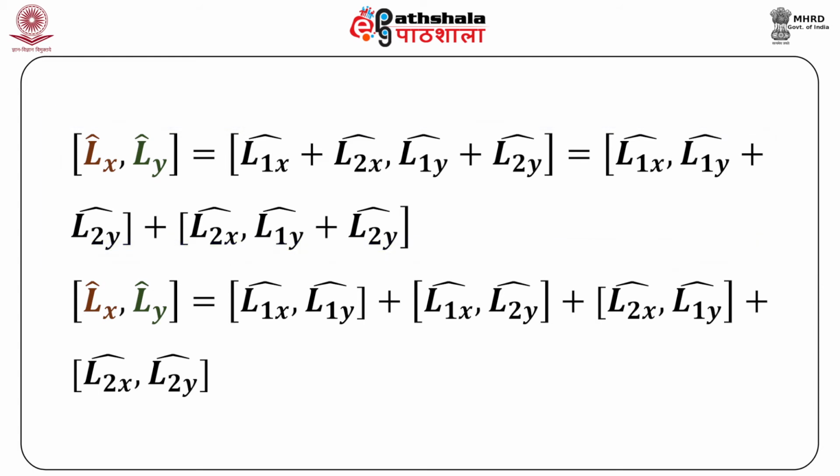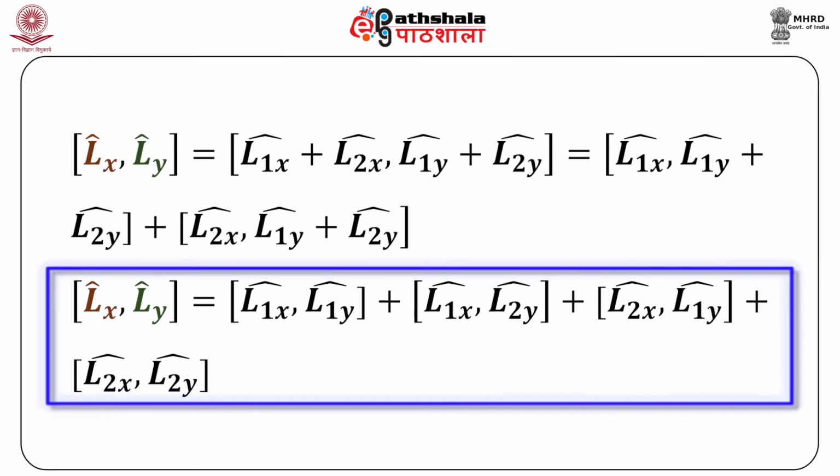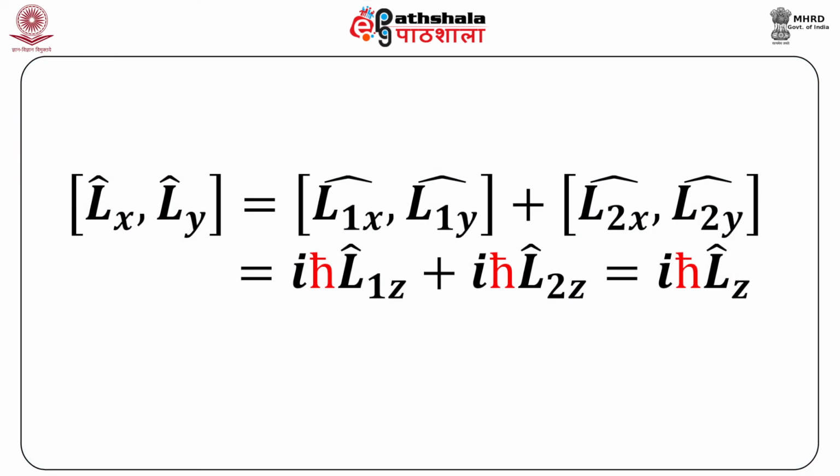This on further simplification gives commutation L1x L1y plus commutation L1x L2y plus commutation L2x L1y plus commutation L2x L2y. We have already shown above that this simplifies, using the commutation relation of angular momentum components, to iota h cross L1z plus iota h cross L2z, which can be written as iota h cross Lz.